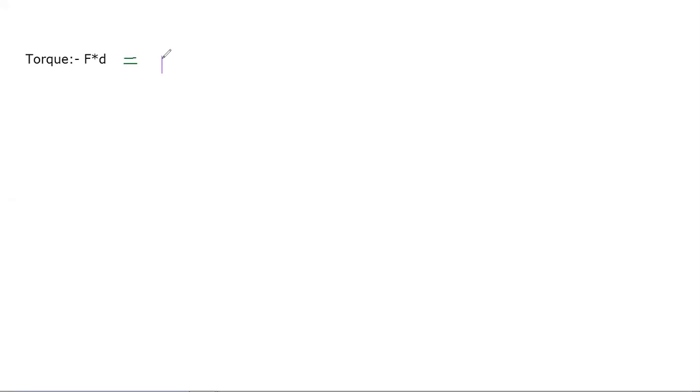You know the basic dimension of the force, that is M1 L1 T raised to power minus 2. After that, you also know the basic dimension of distance, and that is L1.